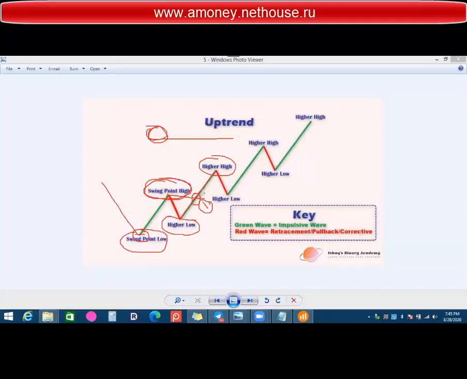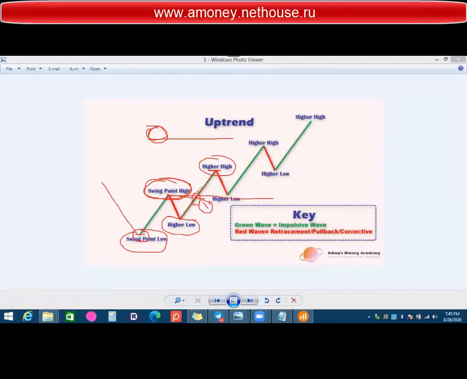So when the market moves up, it makes a higher high. When the buyers show weakness in this trend, here the buyers show weakness, then the sellers enter. Sellers try to go down, but they are unable to go further down, and they don't break the level of the last swing point high.